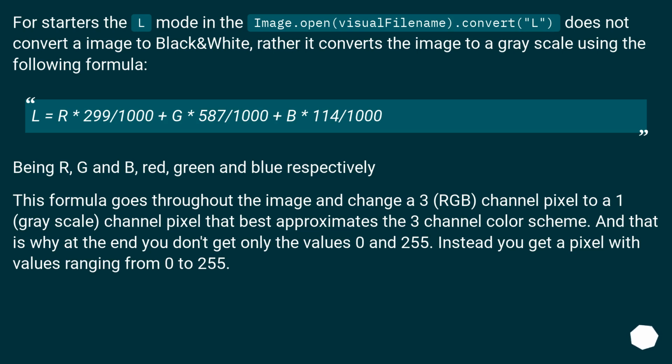This formula goes throughout the image and changes a 3 channel RGB pixel to a 1 channel grayscale pixel that best approximates the 3-channel color scheme. And that is why at the end you don't get only the values 0 and 255. Instead you get pixels with values ranging from 0 to 255.